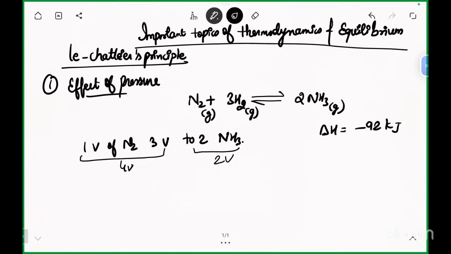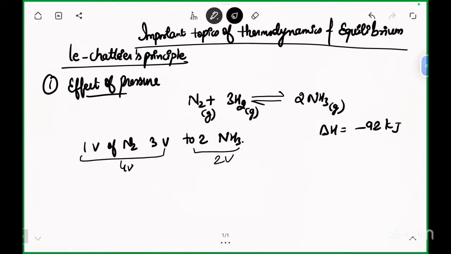According to the Le Chatelier principle, an increase in pressure favors the direction where there is a decrease in volume. So it will start moving towards the direction where the volume is less, which means more product will form and the forward reaction will take place.